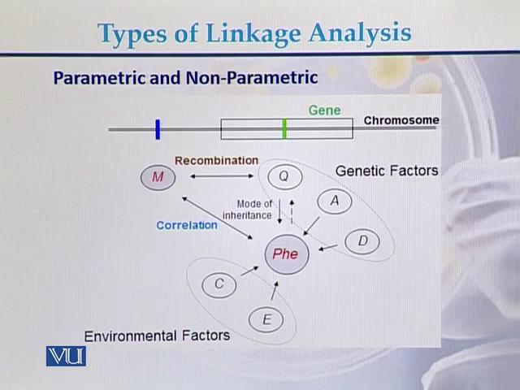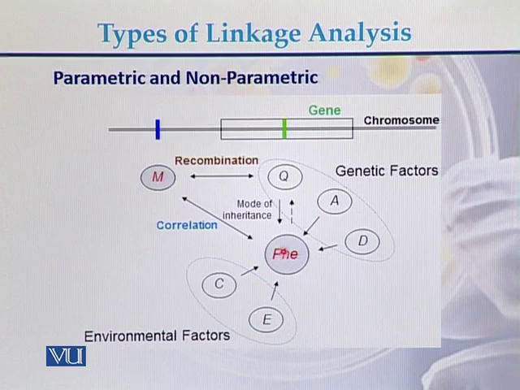In this diagram, we try to understand the difference between parametric and non-parametric linkage analysis. Here is the chromosome, here is the gene, and here is a marker. If the phenotype has pure genetic factors, as opposed to pure environmental factors, and there are strong genetic factors, then usually a recombination frequency is identified between the marker and the phenotype. Usually the mode of inheritance is also checked before performing the linkage analysis.